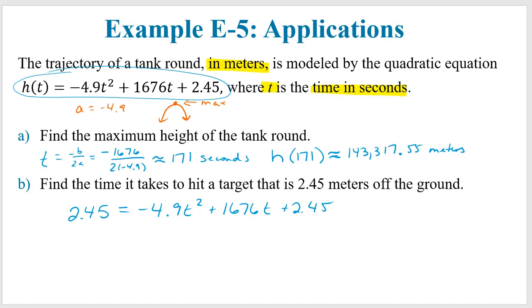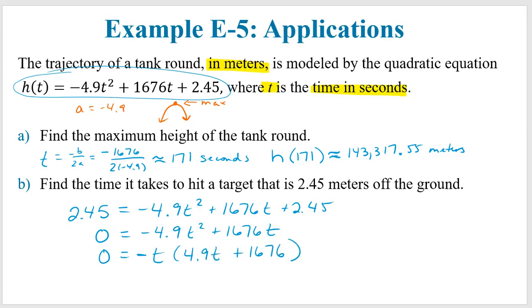Notice the 2.45 will subtract from both sides. So you get 0 equals -4.9t squared plus 1676t. The t will divide out, and I'm going to also take out that negative. So I'm going to take out a -t, and that gives me 4.9t plus 1676. So there is my factored form.